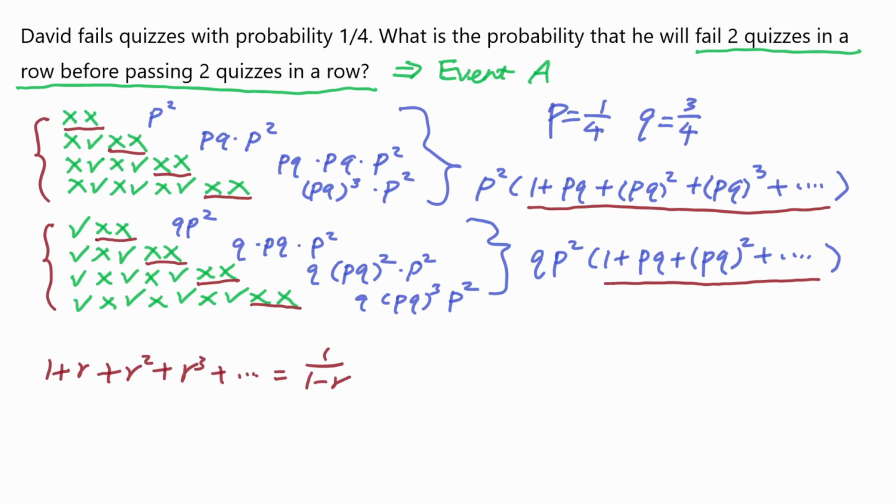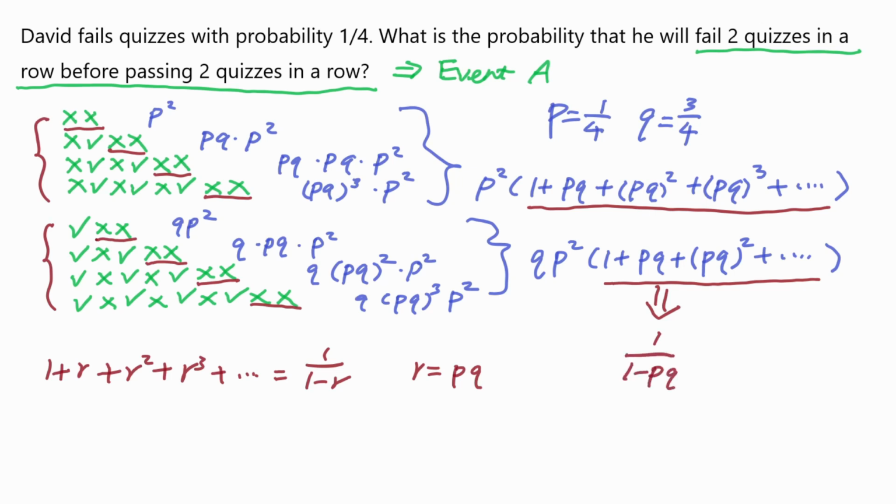If we apply it to the formula above, our r here is PQ. So the entire series would be equal to 1 over 1 minus PQ.